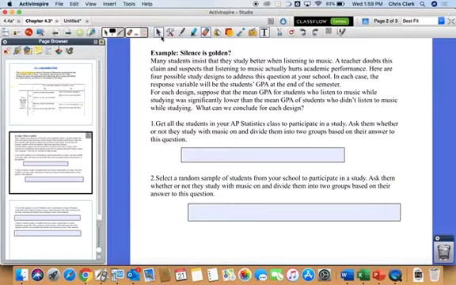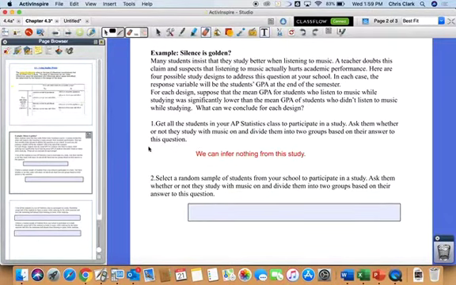So did we randomly select from the population? No. Convenience sample, right? Our AP stats class. Did we randomly assign to 2 groups and impose some treatment? No. What can we infer? Nothing. Absolutely nothing. This is where we don't want to be. Okay? We can infer nothing from this study.